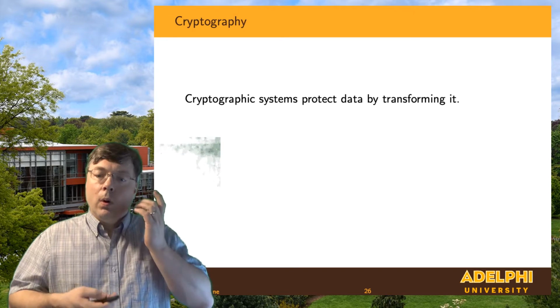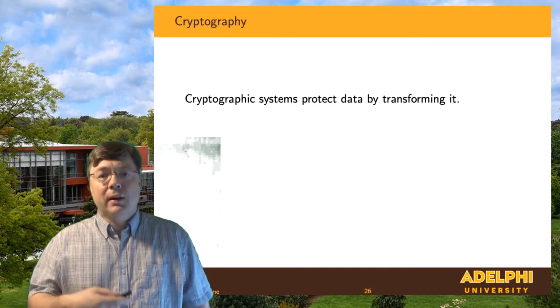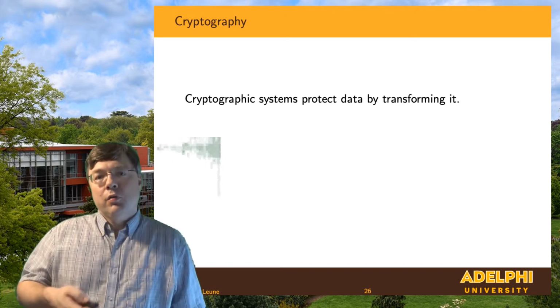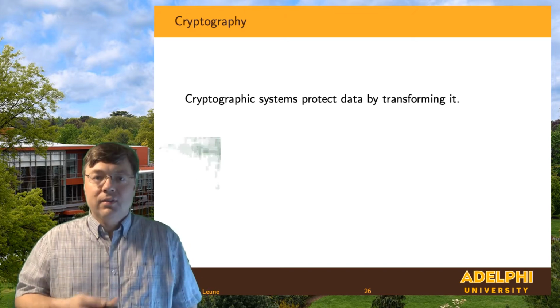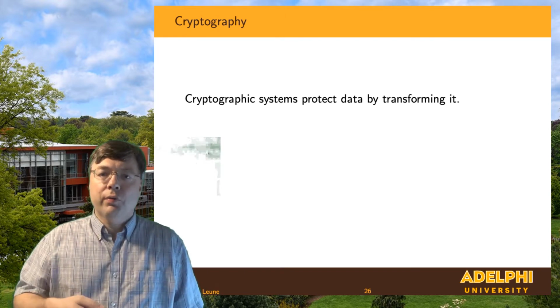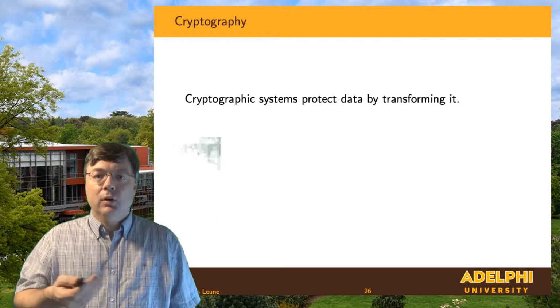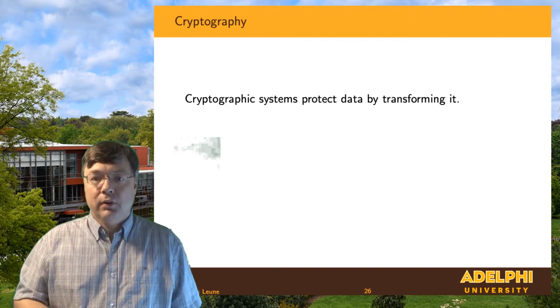So important to realize is that cryptography protects data, and it does so by transforming that data from a clear textual representation or from an image or an audio file or any of those file formats into a format that looks like it is something completely different.